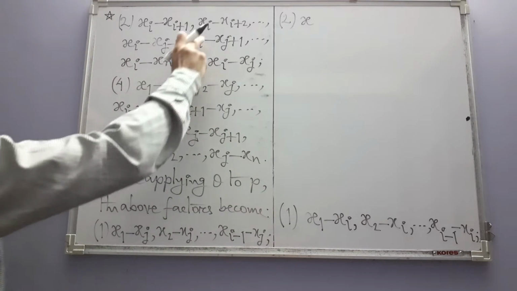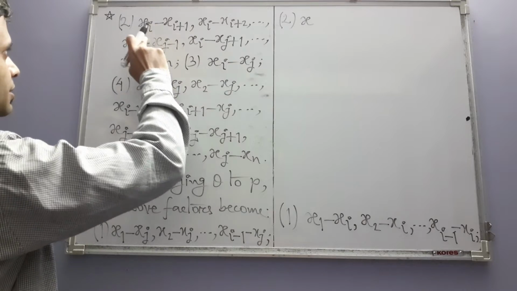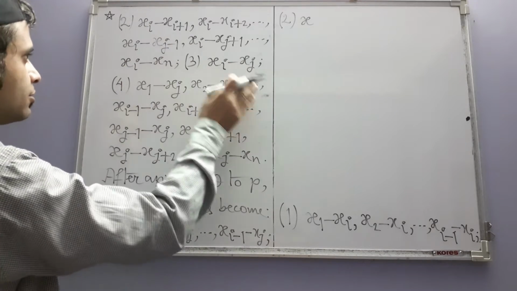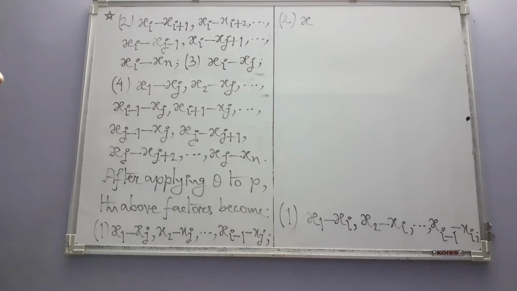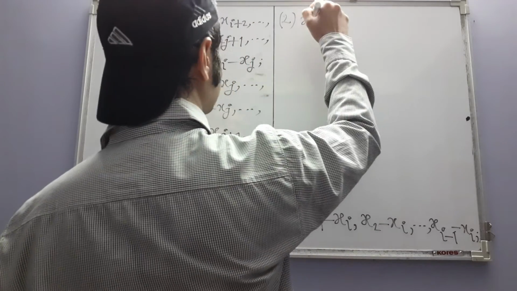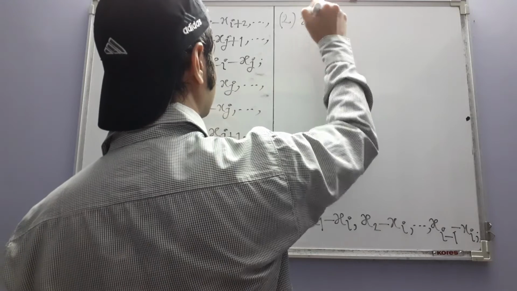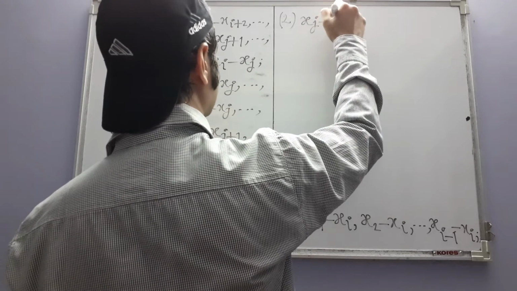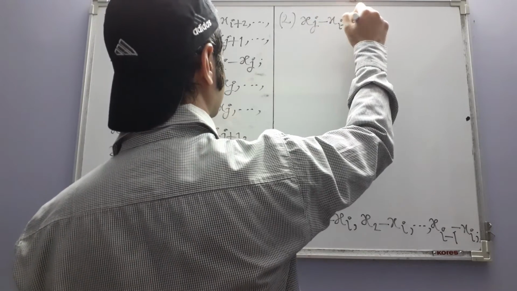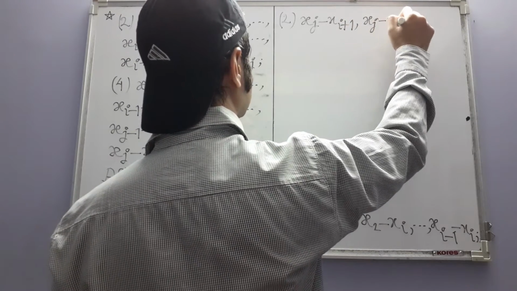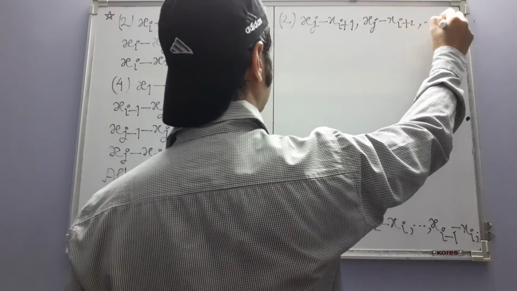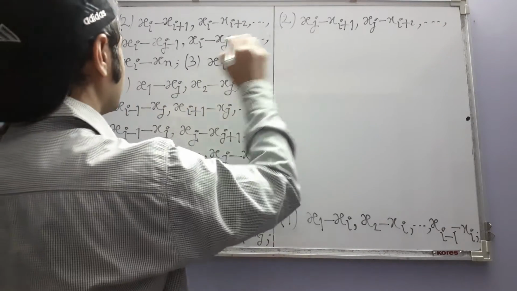Wherever you see the suffix i alone, you change that to j, and wherever you see j alone, you change that to i. That's the thing. So this will become xj minus xi plus 1, xj minus xi plus 2, and so on.